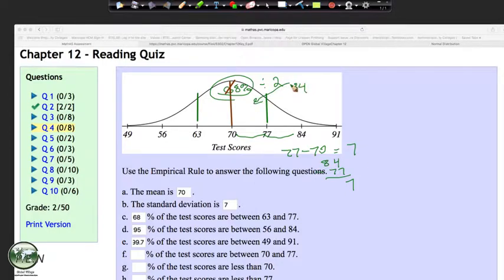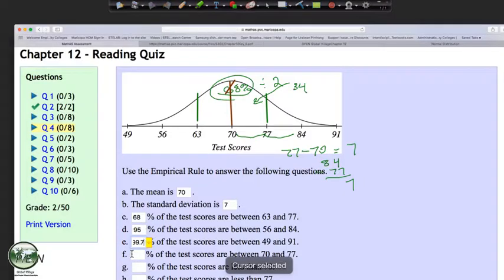So I said you'll be using either 68, 95, or 99.7, or you'll be using half of them, because sometimes we only have half of the region, only the half that's above or the half that's below. That's about as complicated as our calculations are going to get. You either take those numbers or you divide them by half. So 34% of the scores are less than 70, 50%, because that's the mean.